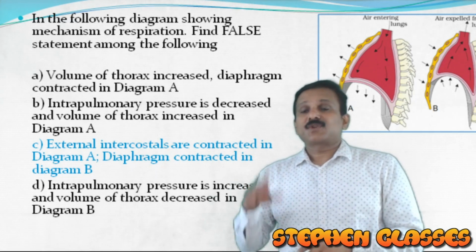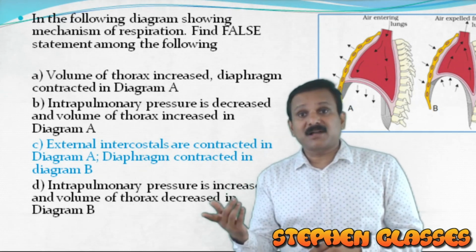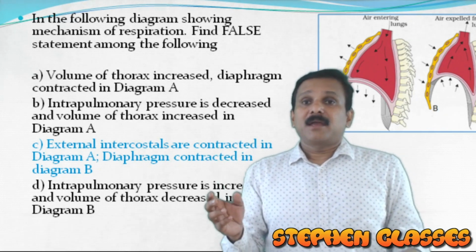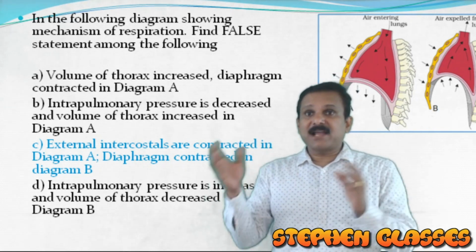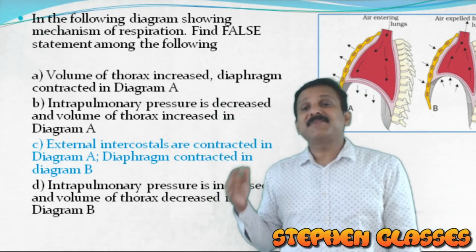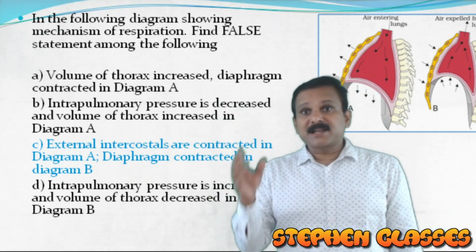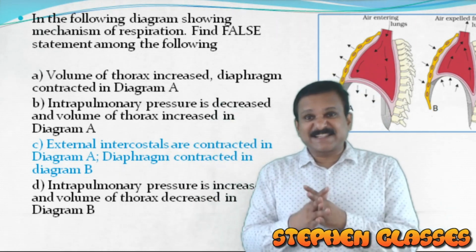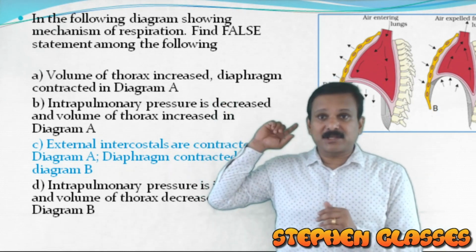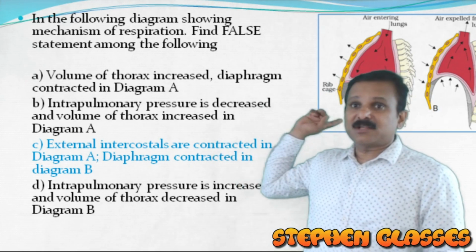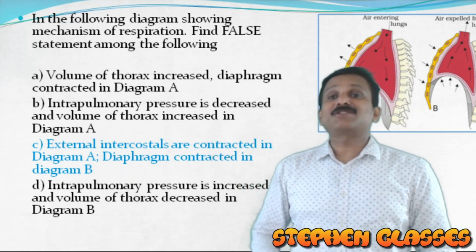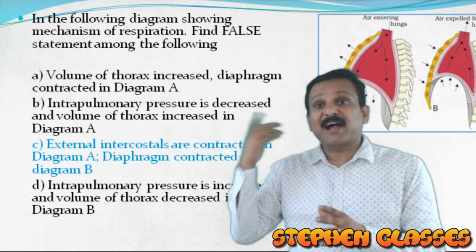You got it? So like that, what happens to pressure? The intrapulmonary pressure will be causing this inspiration and expiration. You know what happens during inspiration? Intrapulmonary pressure is decreased compared to the atmospheric pressure during inspiration, whereas during expiration, intrapulmonary pressure increases compared to atmospheric pressure.